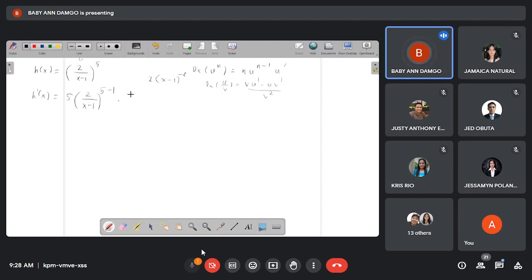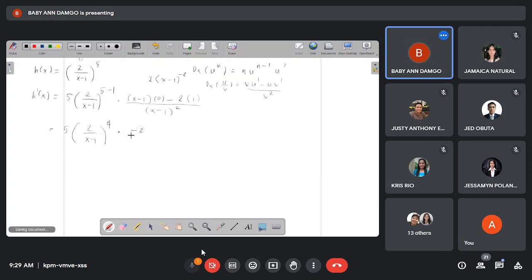So this is V, so this is x minus 1 times derivative of u, which is 0, minus ang u nimo diri, this is 2, times ang v, so derivative of x minus 1 is 1, all over x minus 1 squared. Okay?